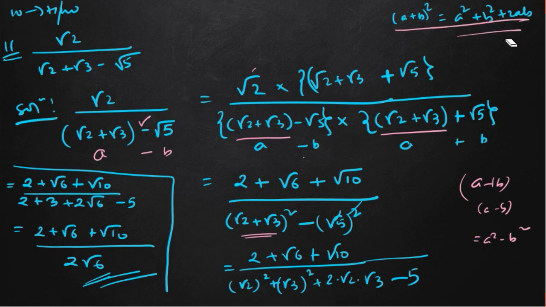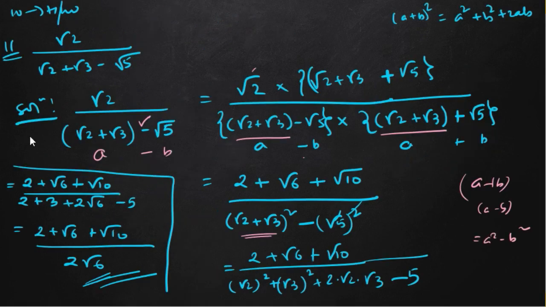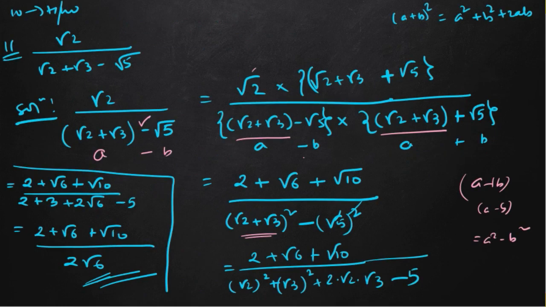The formula is written at the top: a square plus b square plus 2ab. After applying and solving, we get the final answer as this.